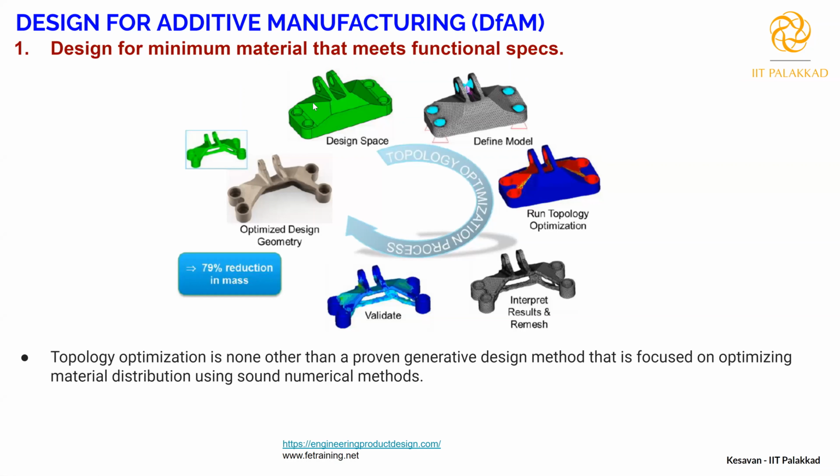Step 1, you start FE modeling, or an FE simulation, put in all the boundary conditions and see where the stress is majorly acting, and which regions don't share any stress or load. Then you do topology optimization, and wherever you find the load is not shared, you remove that material. Now you end up with a completely new design.